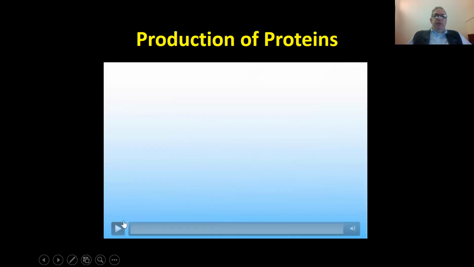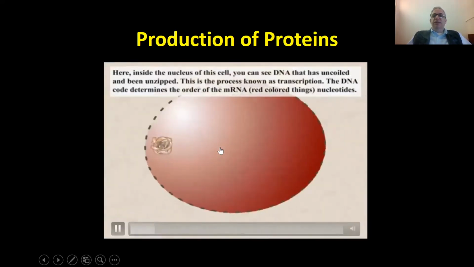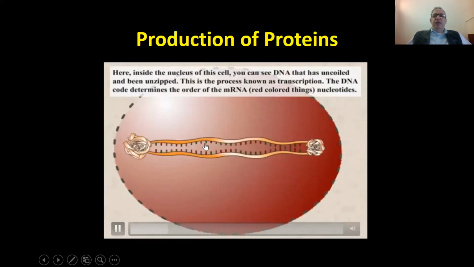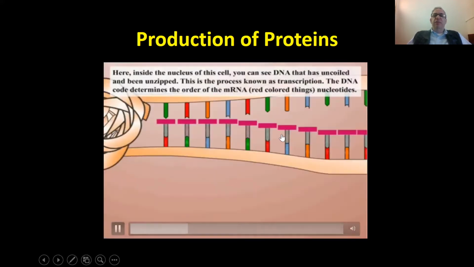Just a brief word about, you guys know this from chemistry, but just to remind you, in production of proteins, this is just a cartoon: here's the nucleus in the cell, here's your DNA, and your DNA is unraveling, and your DNA gets coded by messenger RNA, and here's the message being formed.